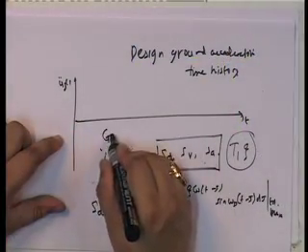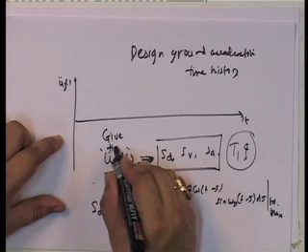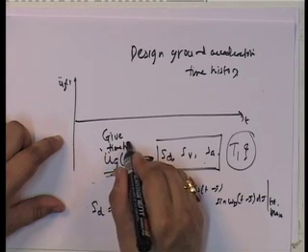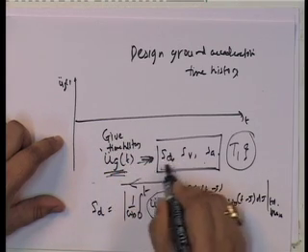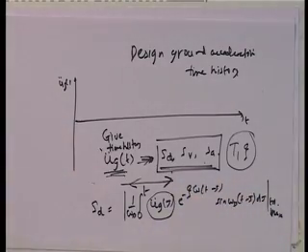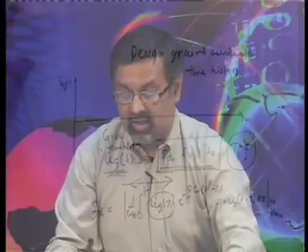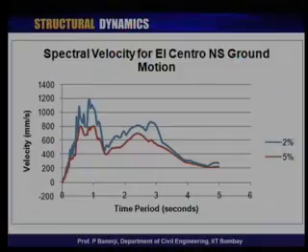For a given acceleration time history, you can find out the response spectrum. We have already done that in the last lecture.